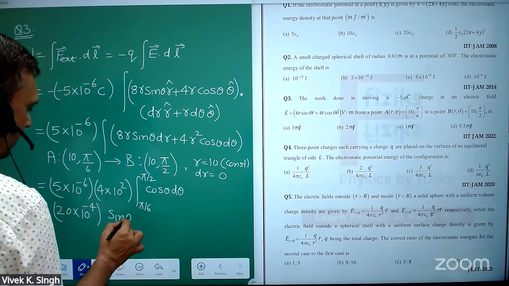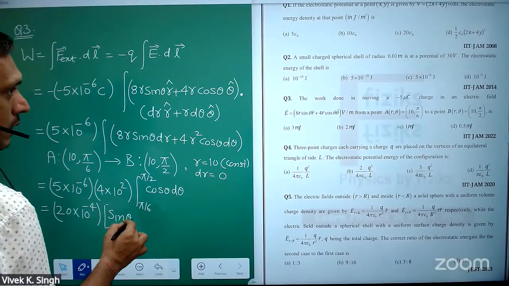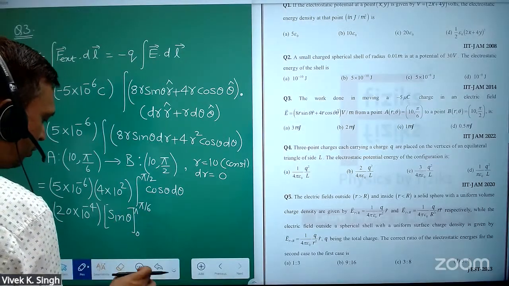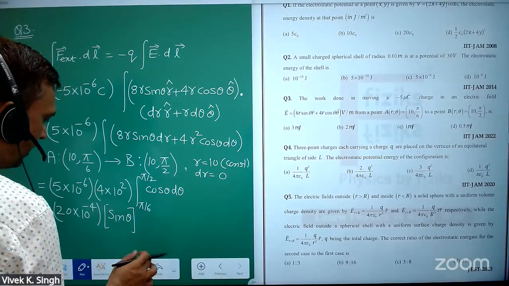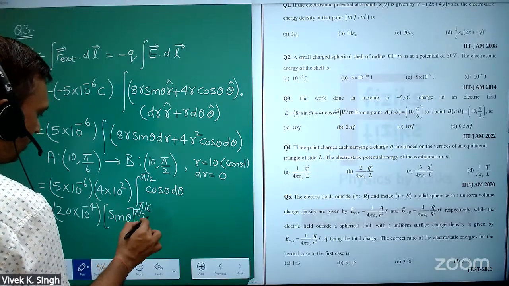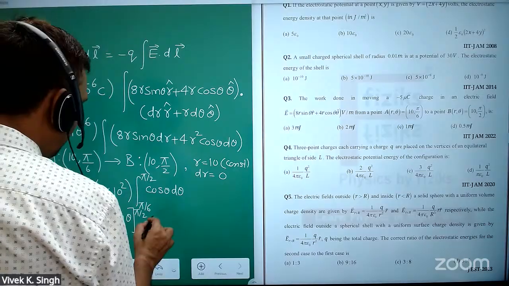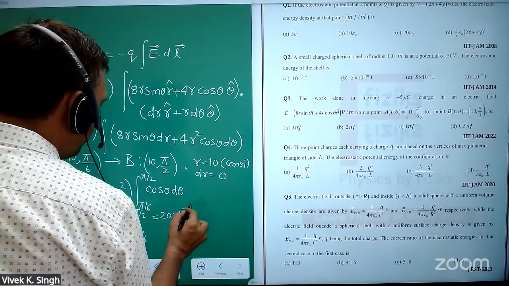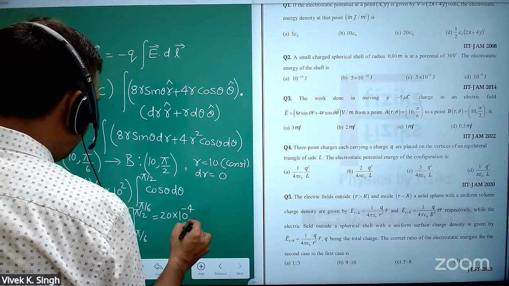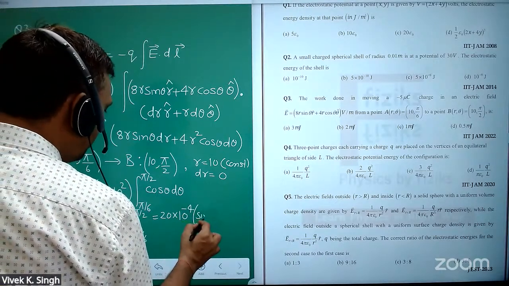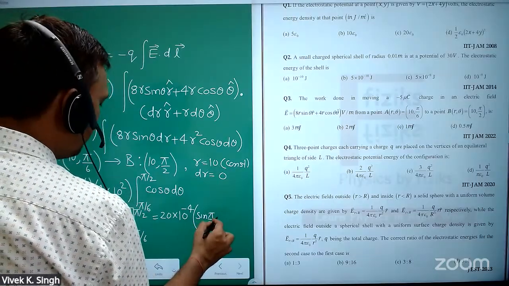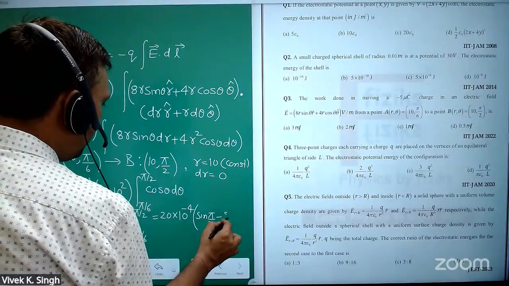Cos theta will be sin theta. So this is 0 to pi by 2, to pi by 6, pi by 6 to pi by 2. So this will give you 20 into 10 to power minus 4. And you have sin pi by 2 minus of sin pi by 6.